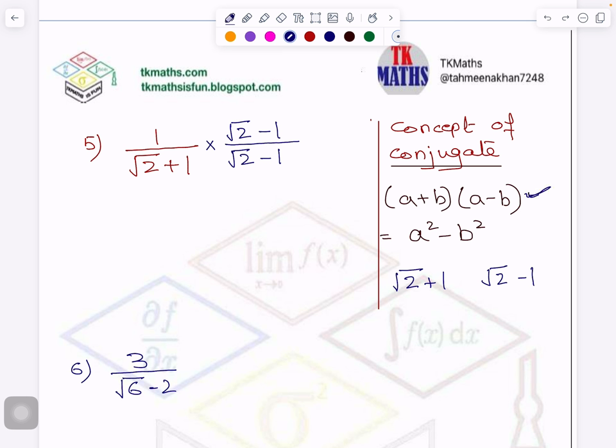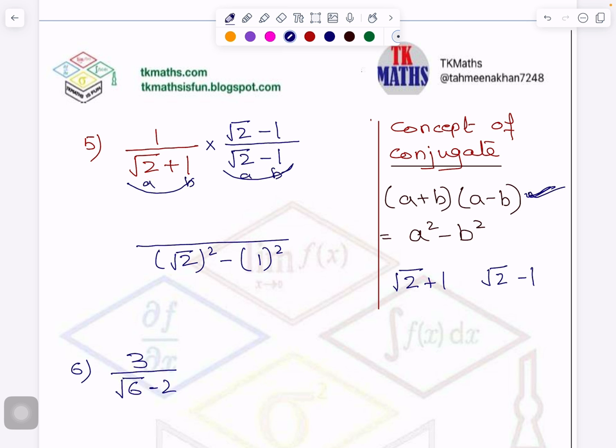If you remember, you have done this before, a plus b times a minus b, what does it become? A square minus b square. So in the denominator, if you have exactly the same two terms but with opposite sign, this will become root 2 square minus 1 square, because this is your a and b. So we are applying this concept.